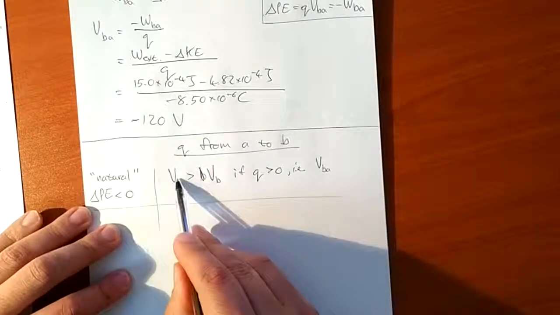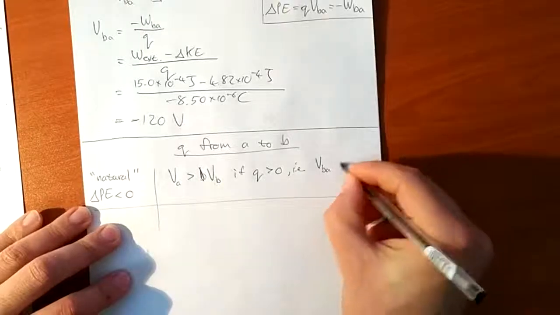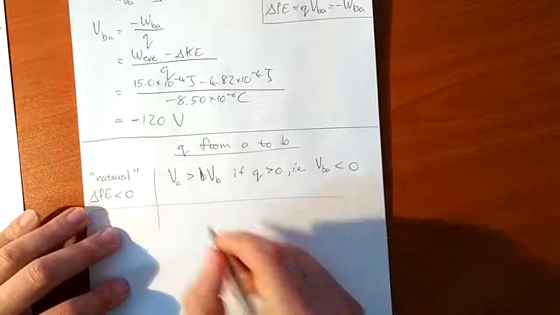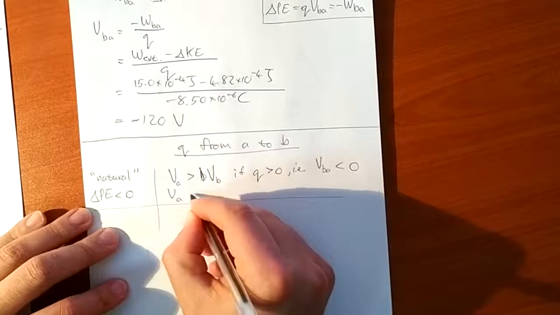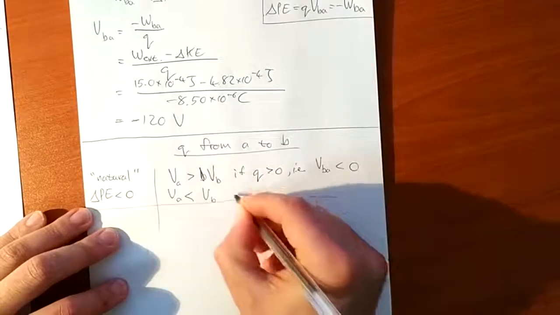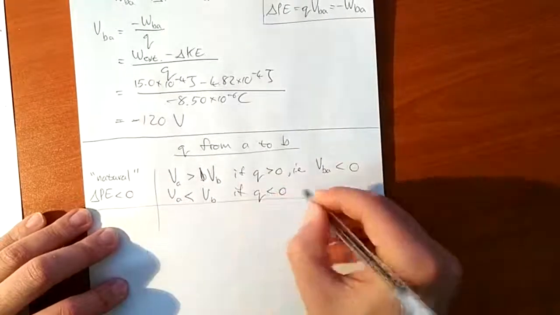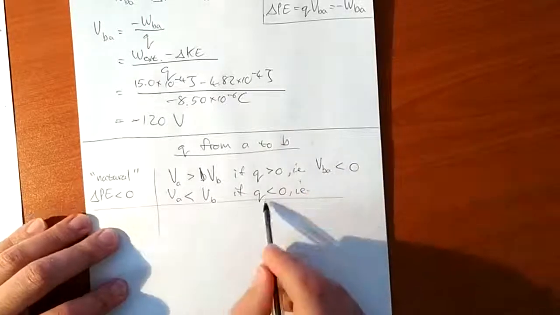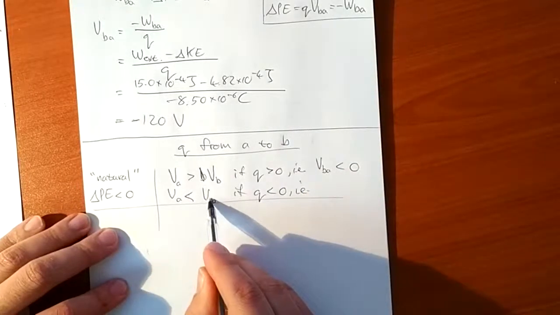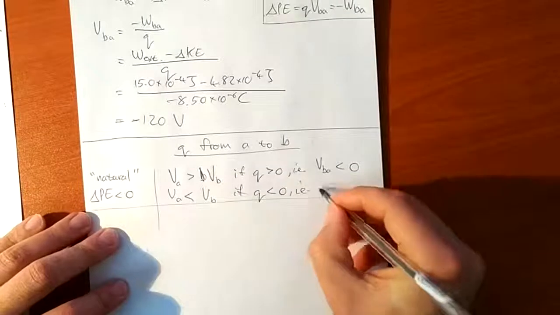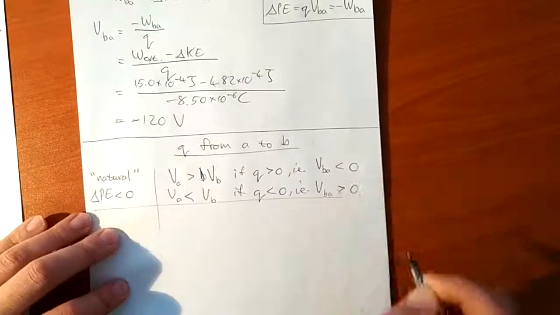If this one is smaller than that one, then that means VBA is negative. But it's the other way around if Q is negative. If it's a negative charge, it goes to higher potential from lower potential. In other words, then VBA is positive.